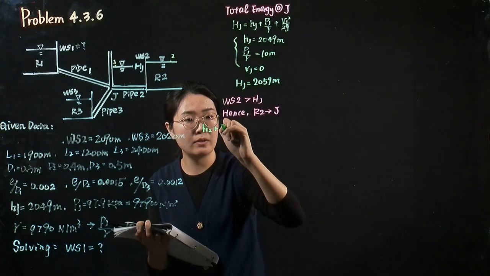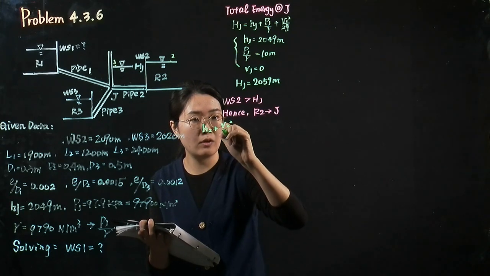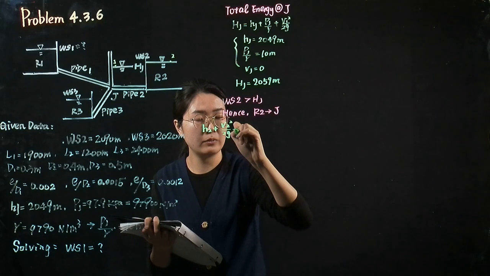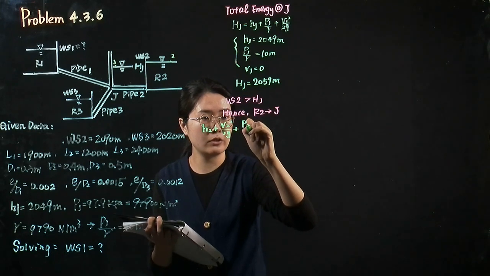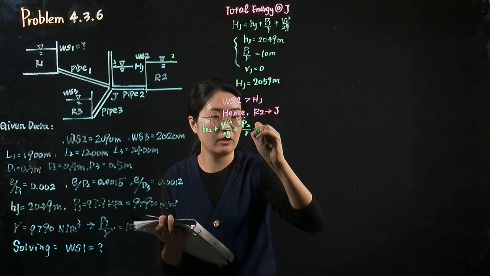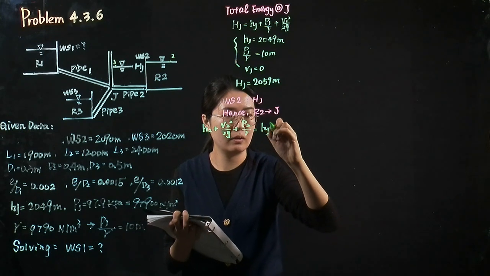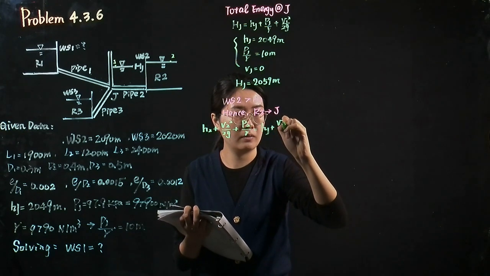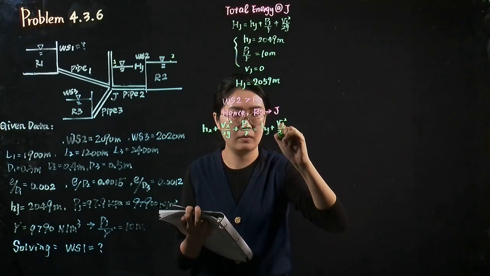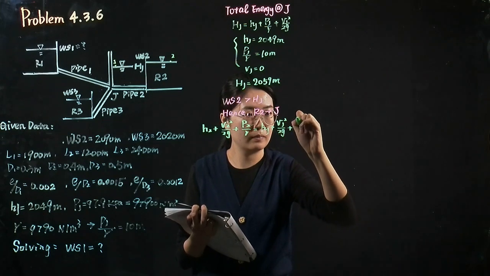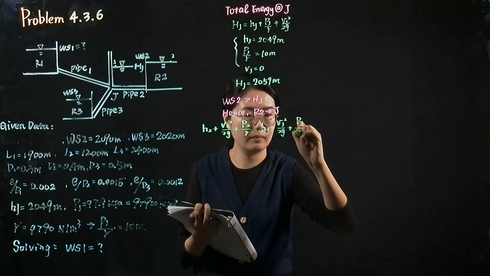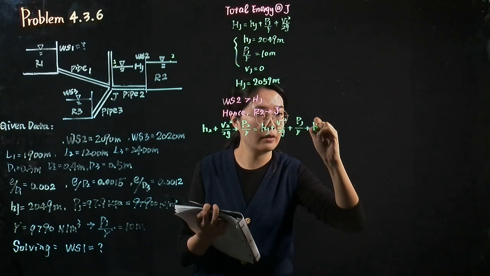H2 plus V2 squared over 2g plus P2 over gamma equals to Hj plus Vj squared over 2g plus Pj over gamma plus the head loss.